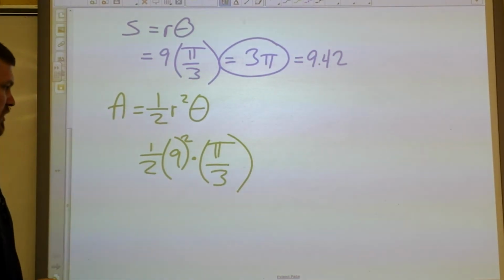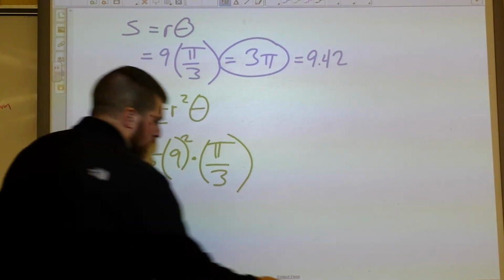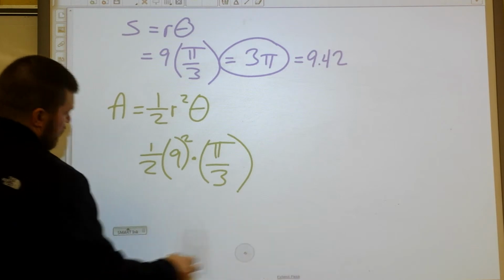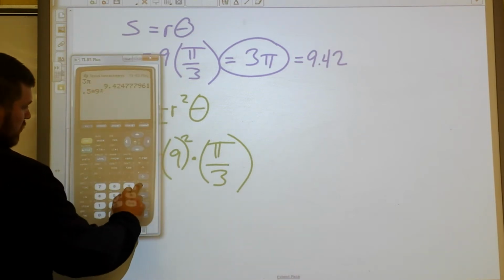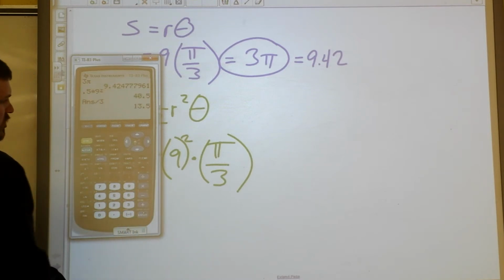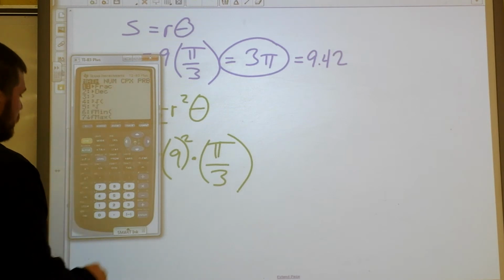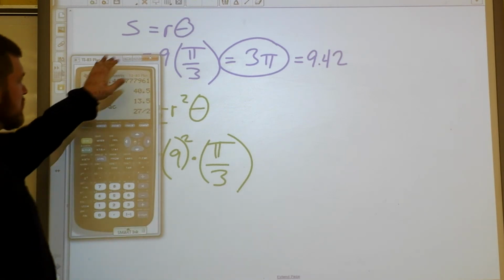Alright, and I'm going to just type this in. I'm going to leave pi alone. So I have 1/2 times 9 squared, and then divided by 3, which is 13.5. I want that as a fraction. So 27 pi over 2.